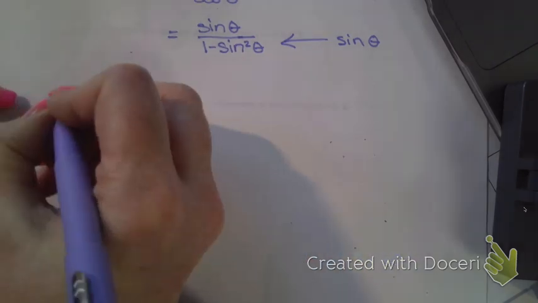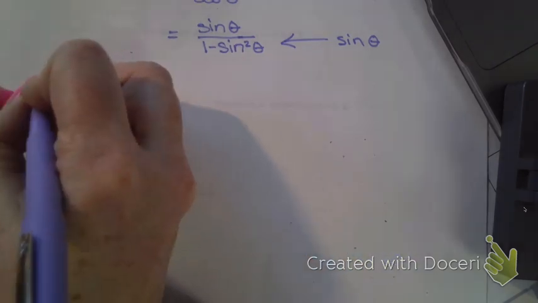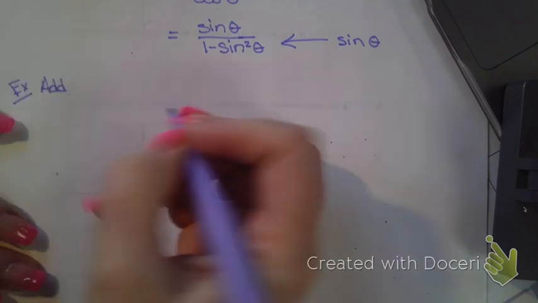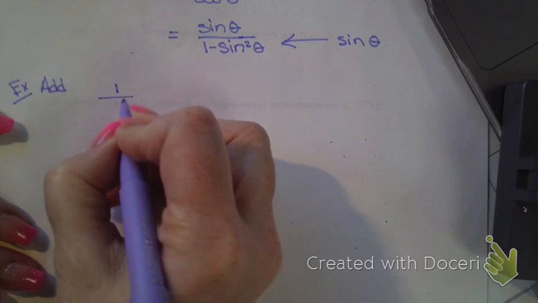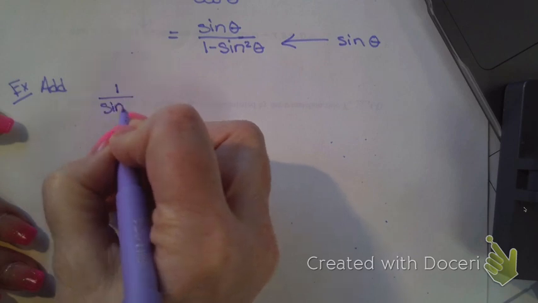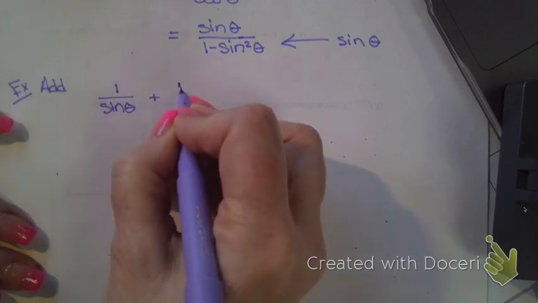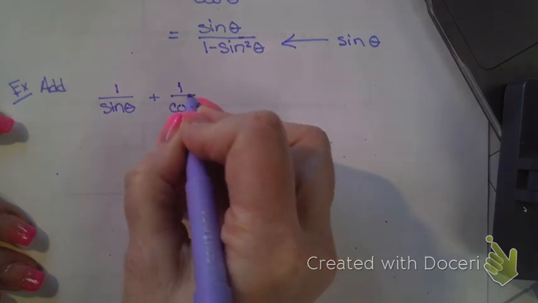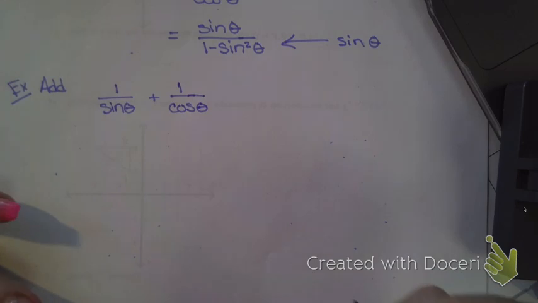Okay, so I want us to add one over sine plus 1 over cosine. What do you have to do? Turn cosine into sine. We could turn cosine into sine or sine into cosine.